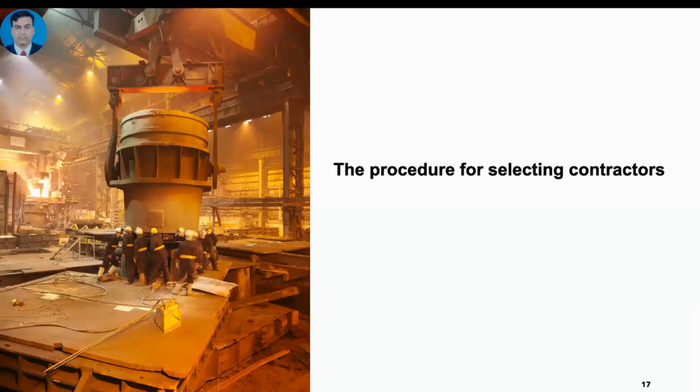Selection decision. Based on the evaluation, select the contractor that best meets the project's needs and demonstrates a strong commitment to health and safety. Notify the chosen contractor and inform unsuccessful bidders as well. Then make a contract agreement. Once a contractor is selected, negotiate and finalize the contract agreement.